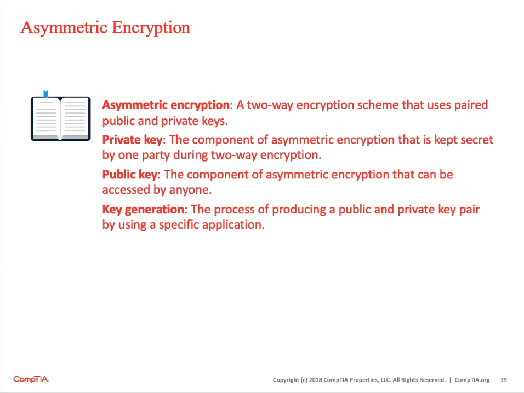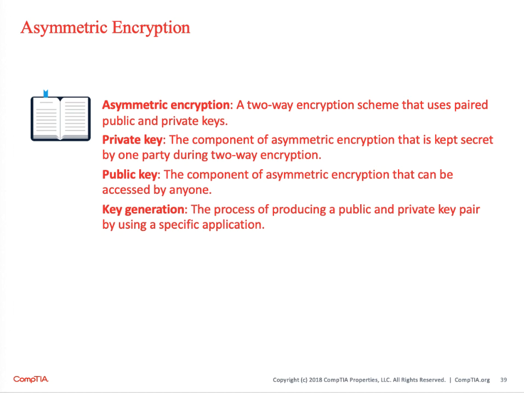Now to asymmetric encryption. Unlike symmetric encryption, asymmetric encryption uses 2 keys. They use a paired public and private key. A private key is a component of asymmetric encryption that is kept secret by one party.